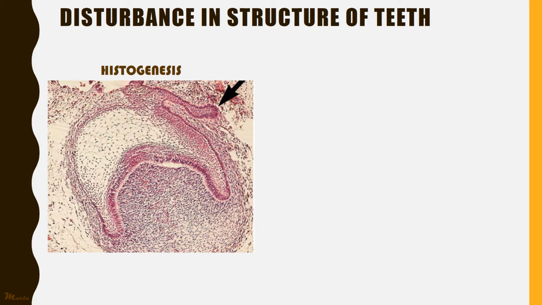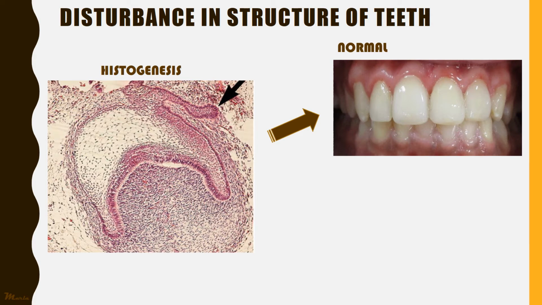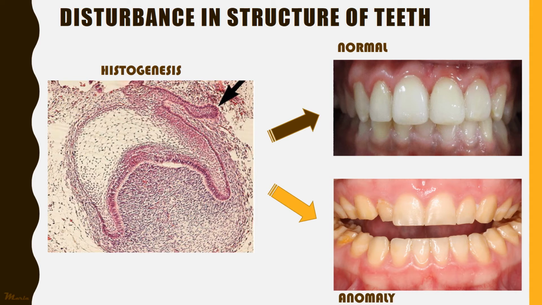The ameloblast is responsible for the secretion of enamel, whereas the odontoblast is responsible for the secretion of dentin. So a normal histogenic development of these cells will result in the normal development of tooth. However, any anomaly during this stage will result in a developmental anomaly affecting any of the structures of the teeth.